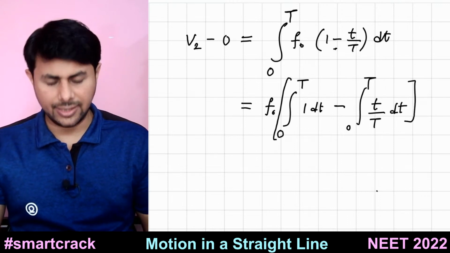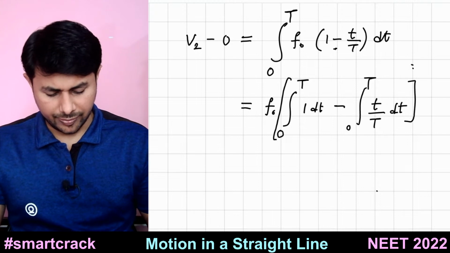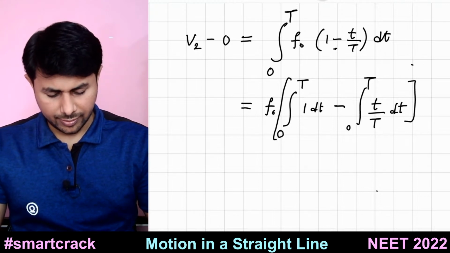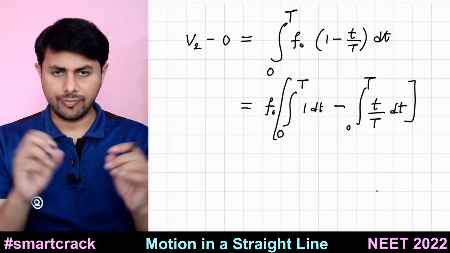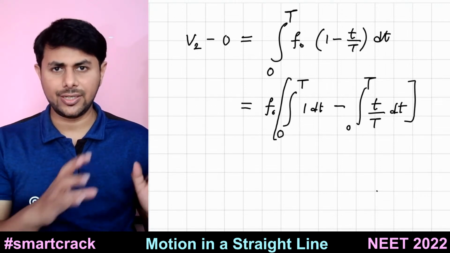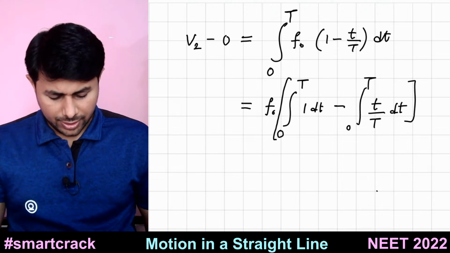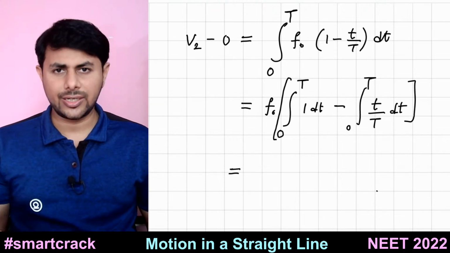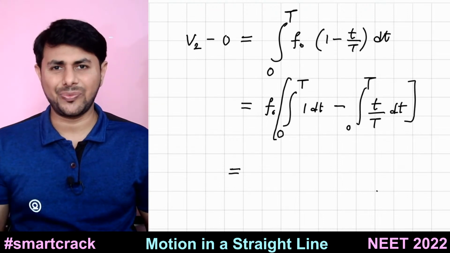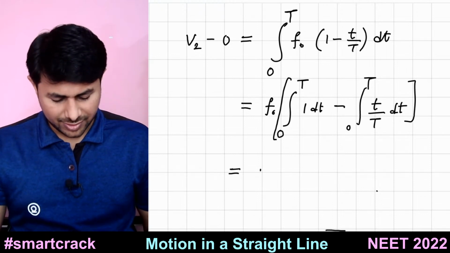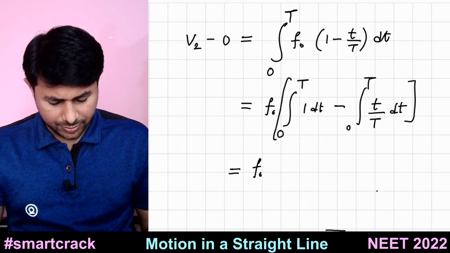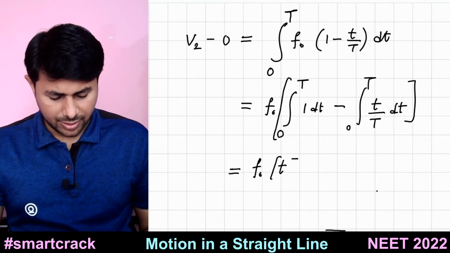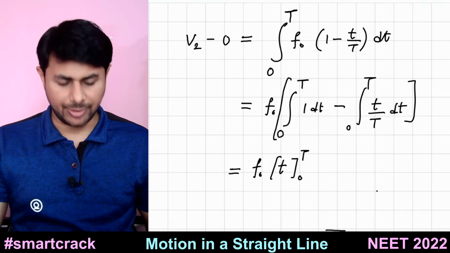Because there is a minus sign in here, I have separated it into two integrals. Now, integral of 1 dt is t. So you have f naught into t, with limits from 0 to capital T.